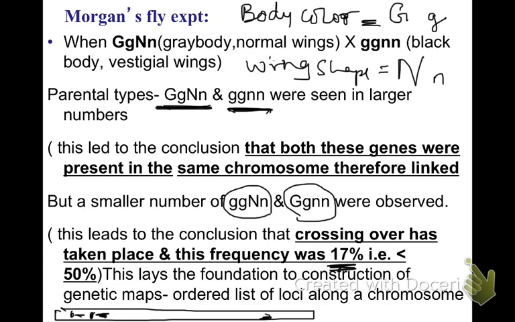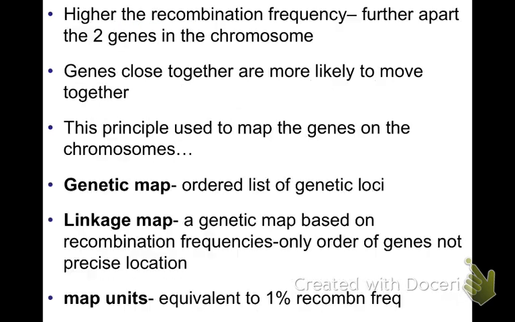So he had an ordered list of loci along the chromosome. The higher the recombination frequency, the further apart the two genes are present in the chromosome. The genes that are close together are likely to move together. This is the principle that is used to map the genes on the chromosome. So you can have something known as a genetic map or a linkage map.